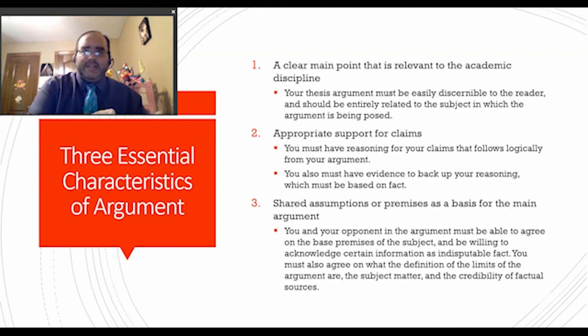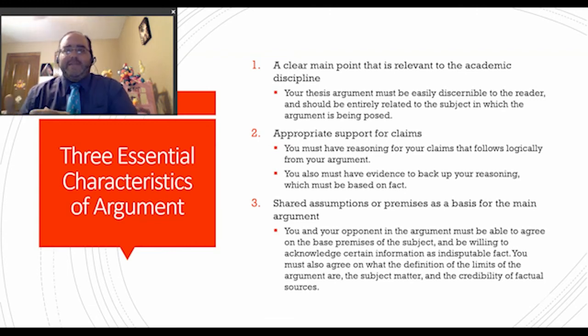Reasons are why you support it. It's why you take that side of the argument. It's why you want to argue for that point. Evidence is the facts that back up your reasons. The facts that you have found that back up why you think the way you do about the argument.